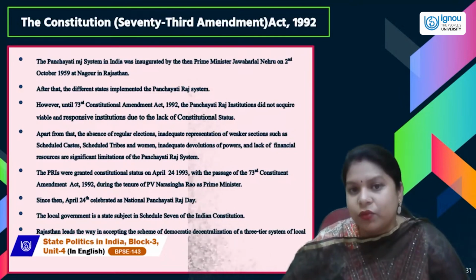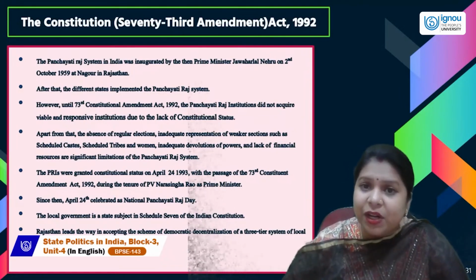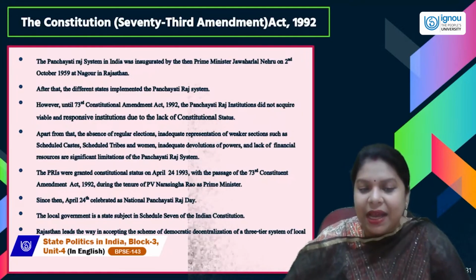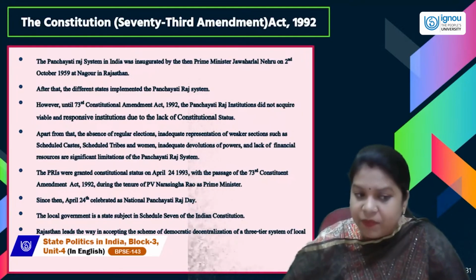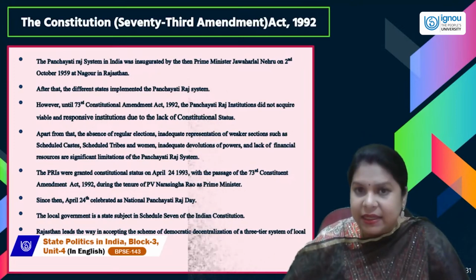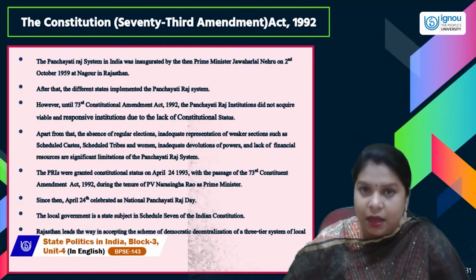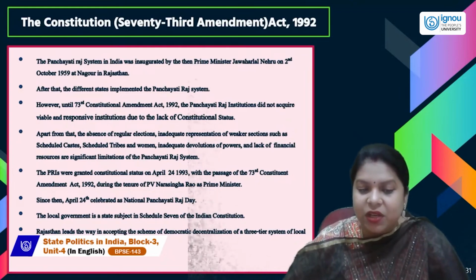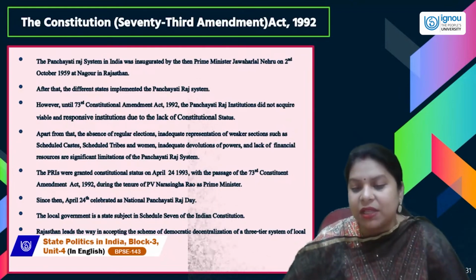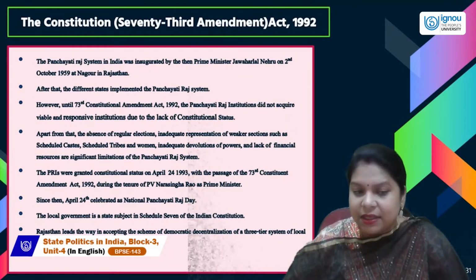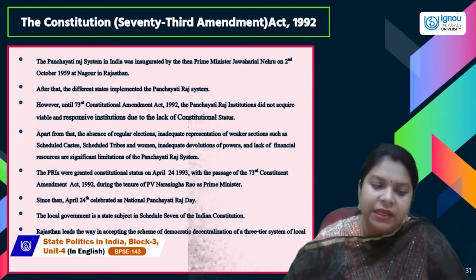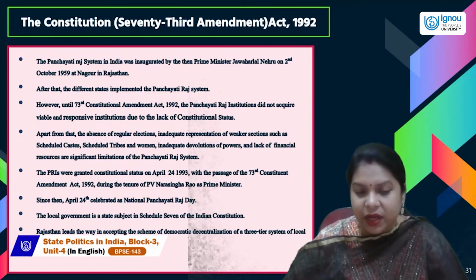Please note it down, it is very important. Local government is a state subject in Schedule 7 of the Indian Constitution. Rajasthan led the way in accepting the scheme of democratic decentralization of a three-tier system of local bodies at the village, block and district levels.